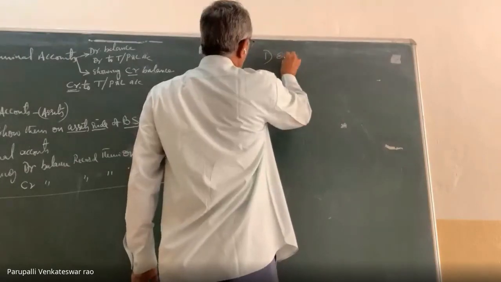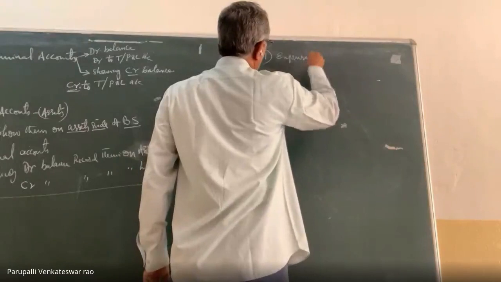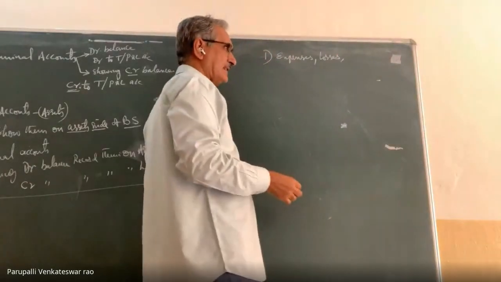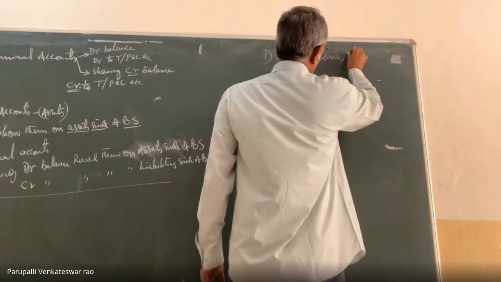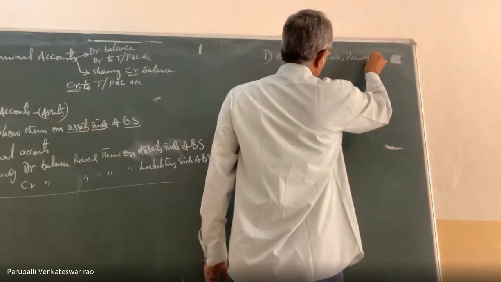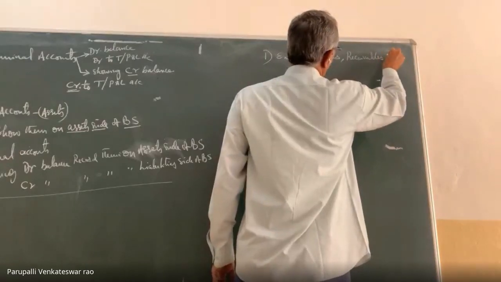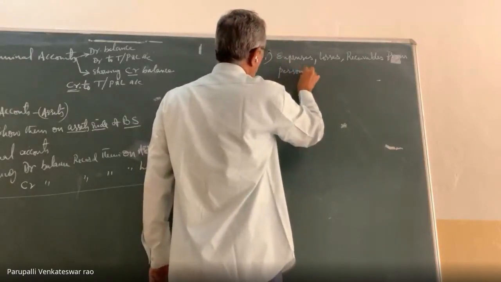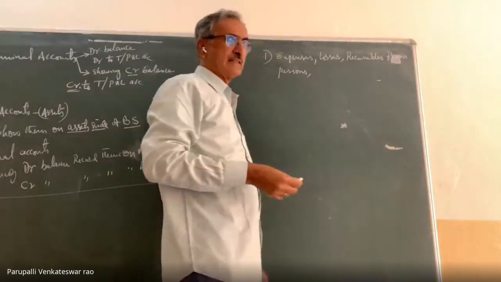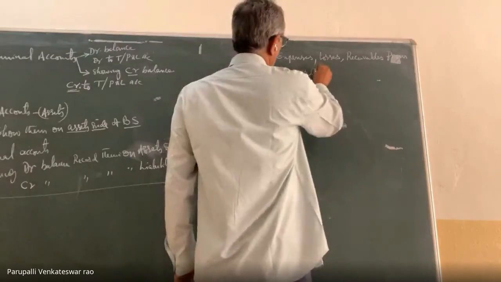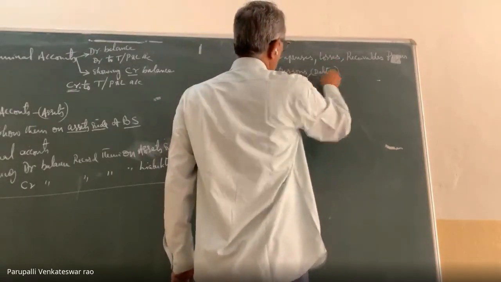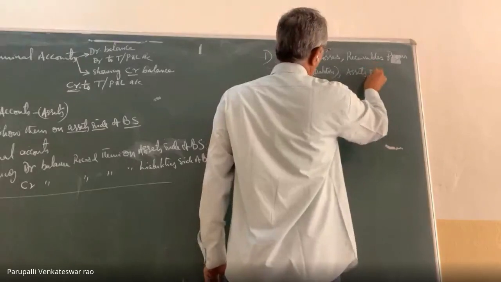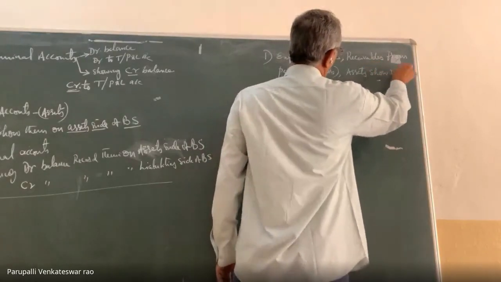Number 1, expenses, losses, receivables from persons, debtors, for example. Assets. Show debit balance.